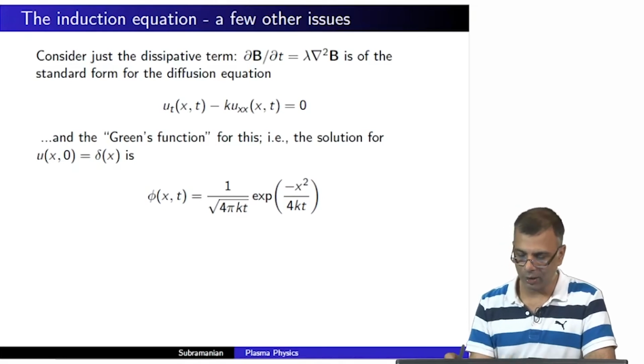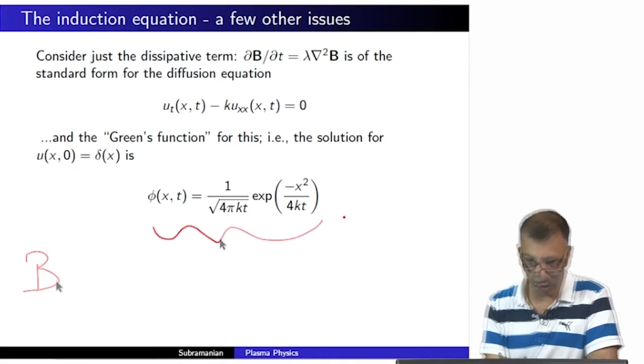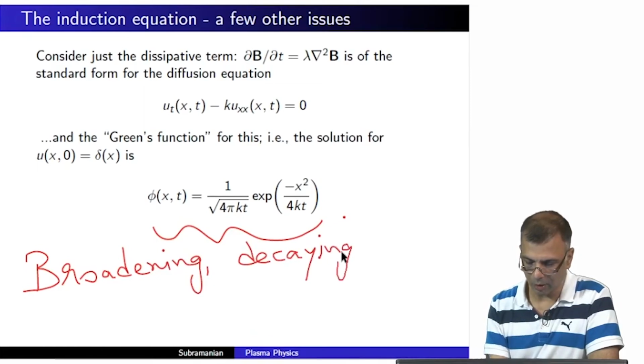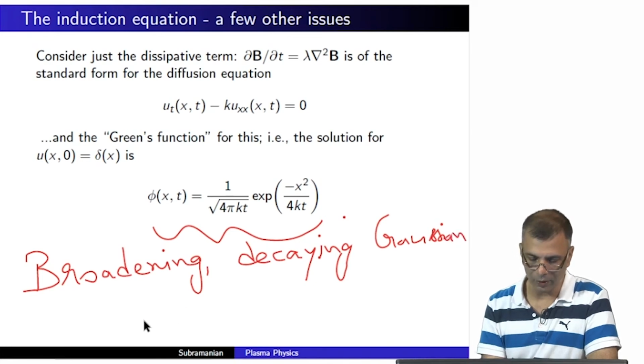So, you have a broadening, decaying Gaussian, actually. It is something like this. You have time on the x axis.